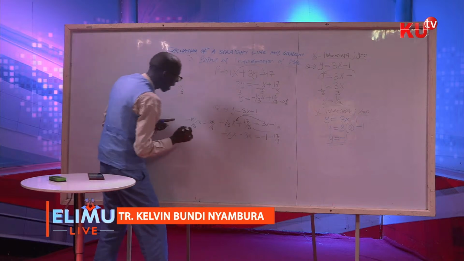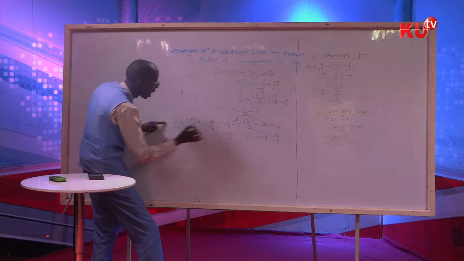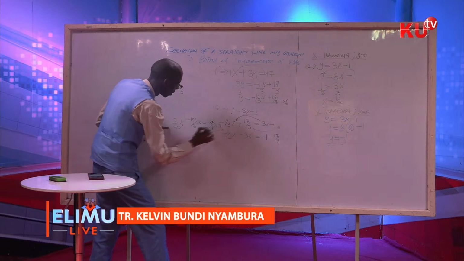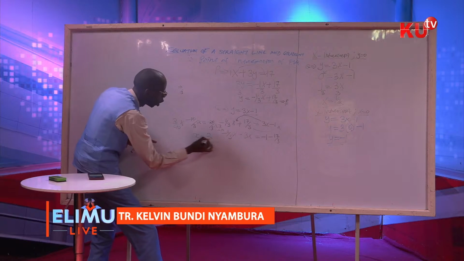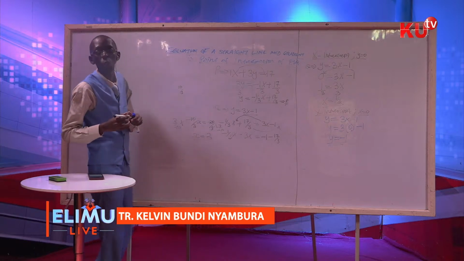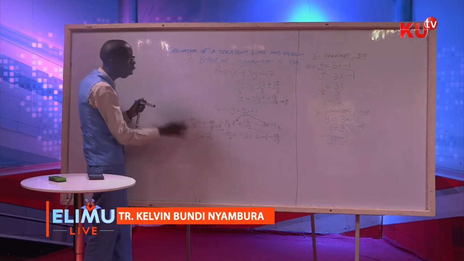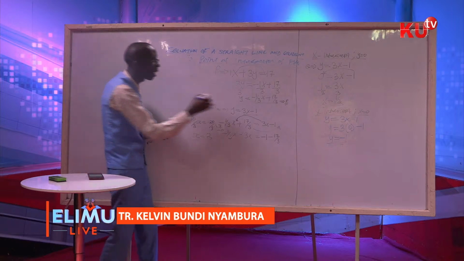We need x. Multiply both sides by 3 over negative 10. Therefore, our x will be equal to 2. After getting the value of x as 2, my dear student, pick one of the equations.